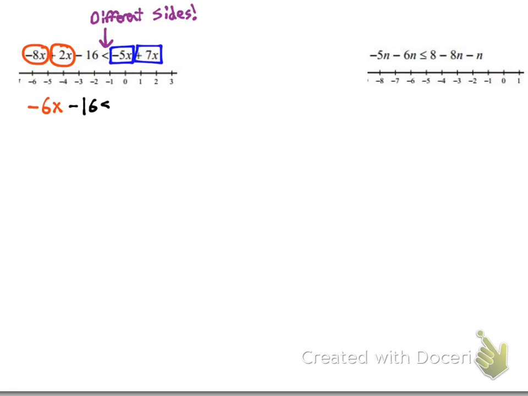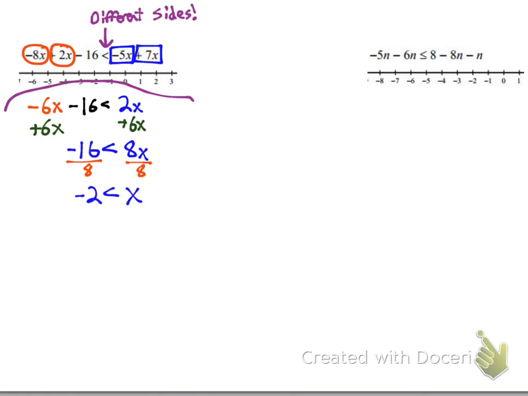So the red circles make -6x, and the blue squares make 2x. I'm then going to add 6x to both sides. So this is how I get all the x's onto one side. I have to do the same thing to both sides, and I'm really eliminating one side, and we get that. So I'm dividing by 8. That's a positive number, so I'm not going to flip it. Up here, you could have subtracted 2x instead, and you would have gotten a 0 on the right.